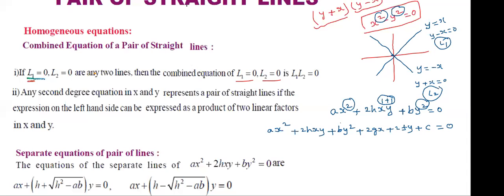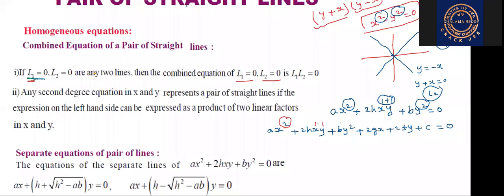How do we know it is non-homogeneous? Here the degree is 2, here 1 plus 1, here also degree 2, here degree 2, here degree is 1, here degree is 1, and here there is no variable, that means degree is 0. Overall, observe that the same degree is not there. So that's why we say this is a non-homogeneous second degree equation in x and y.